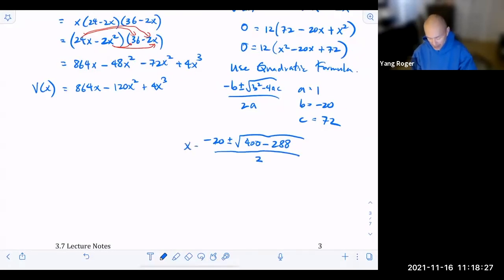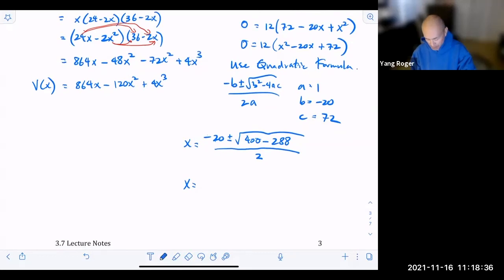So that's what my x value is. Sorry, this is positive 20, since a negative times a negative is positive. So we get 20 plus or minus the square root of 112, over 2.